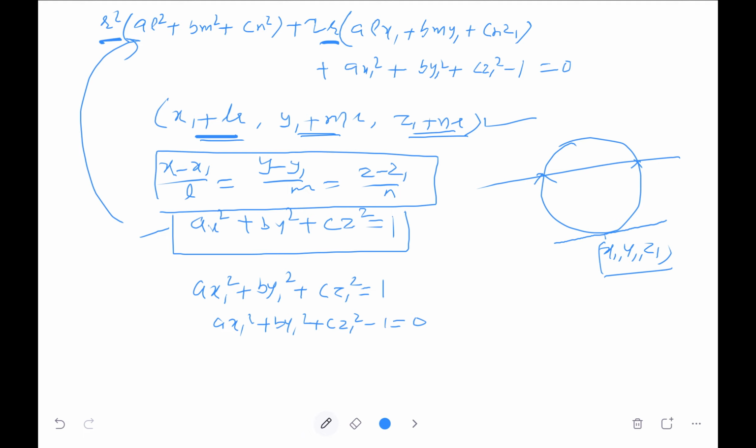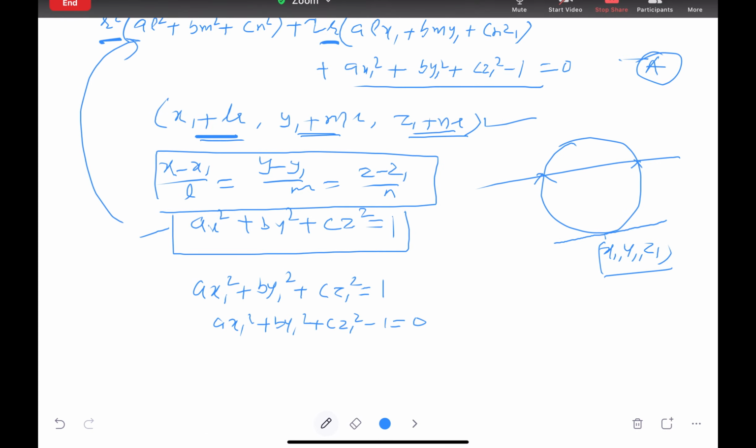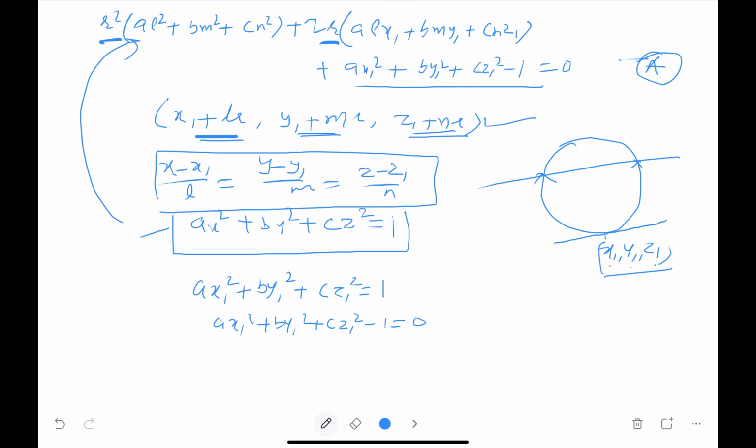So the constant term here in this equation becomes 0. We want the tangent at the point x1, y1, z1.